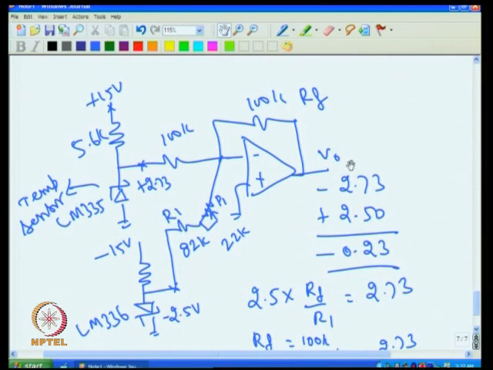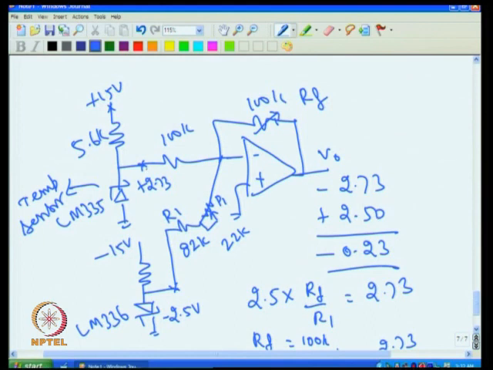So if this is going less or more, then I should be able to adjust. Some sensors may go even more than 3.73, may go to 3.74 at 100 degree C. So I should be able to adjust when the voltage is less or more. That I can do by adding gain resistance, by varying the gain here.